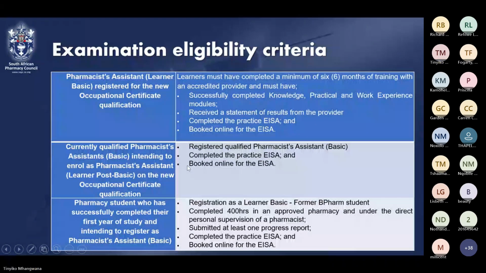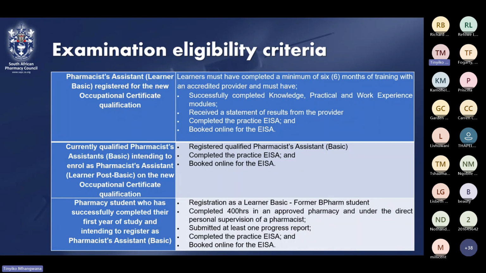So there was a question on the chat about who is to write this exam. I hope this slide will be able to answer that question. So whoever posed that question, listen carefully to what I'll be presenting right now. Who are the people that are eligible to write this EISA exam?